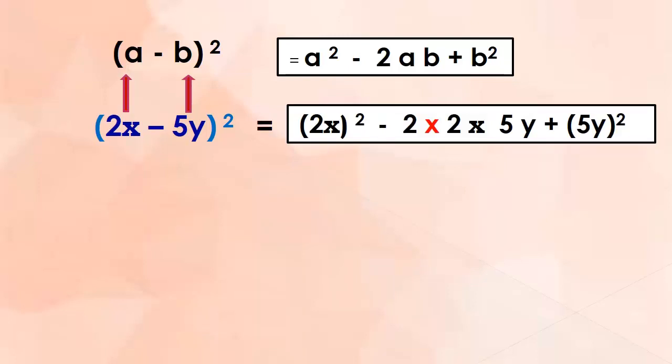Write each term separately in the bracket. Check once whether you wrote properly or not. So now, (2x) the whole square will be 4x square. 2 twos are 4 and 4 fives are 20, sign minus, 20xy. And of course, (5y) the whole square will be 25y square.